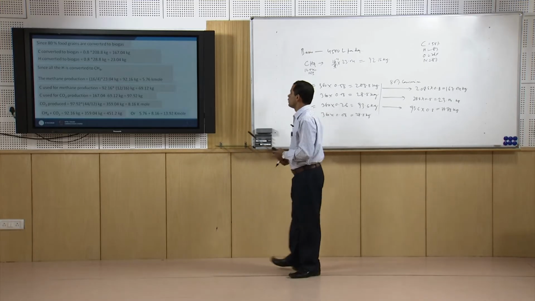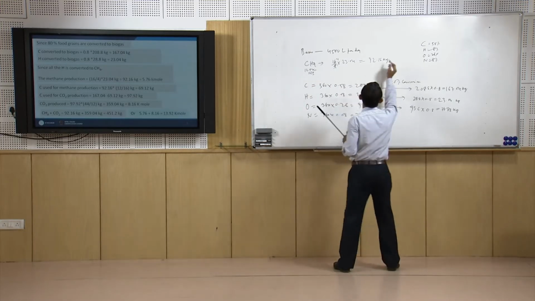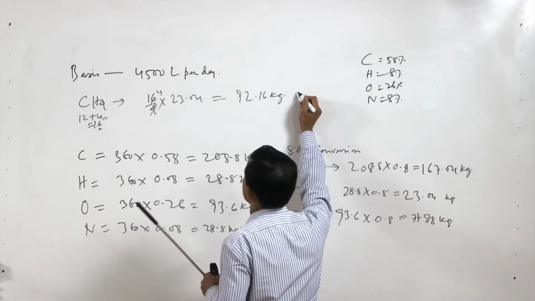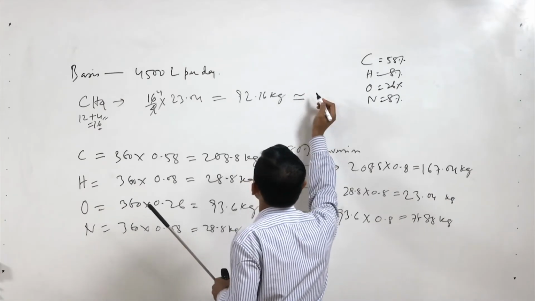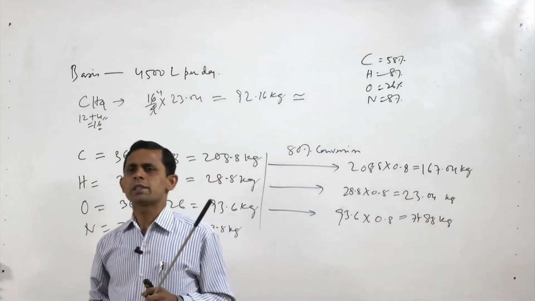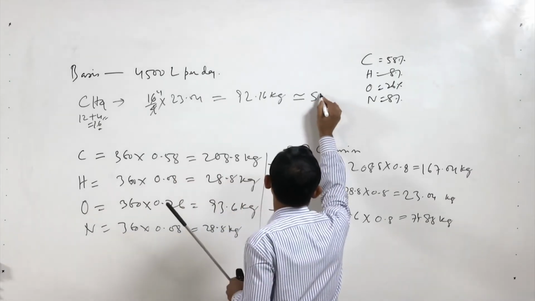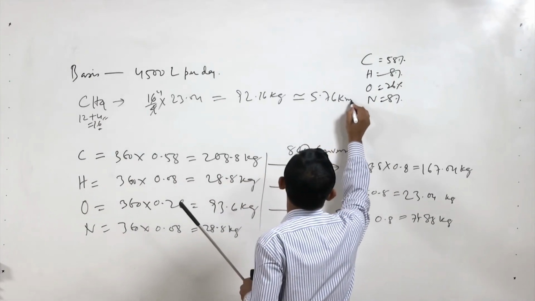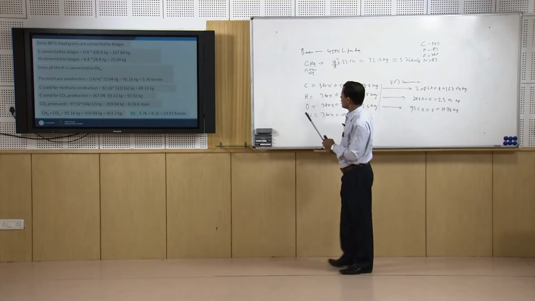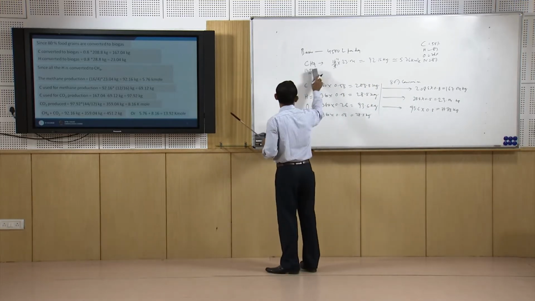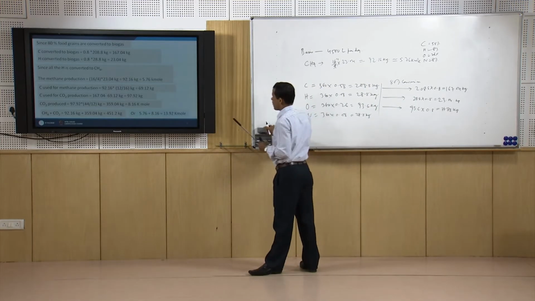In terms of mole, divided by 16, that is equivalent to 5.76 kilomole. So, this is the methane we are getting.